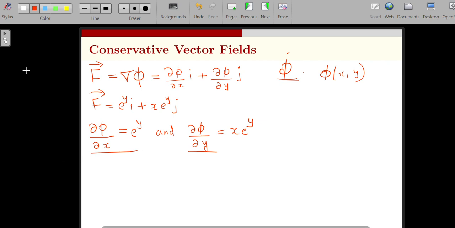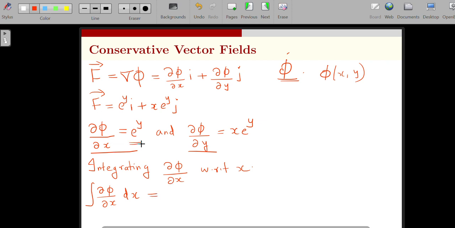So let us integrate ∂phi/∂x with respect to x. Then what will be the output? Integral ∂phi/∂x dx. What is ∂phi/∂x? It is e^y. So this is integral of e^y with respect to x.